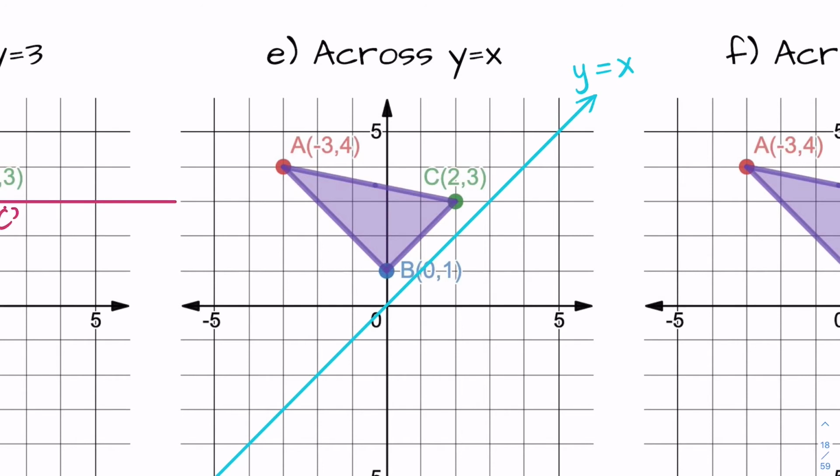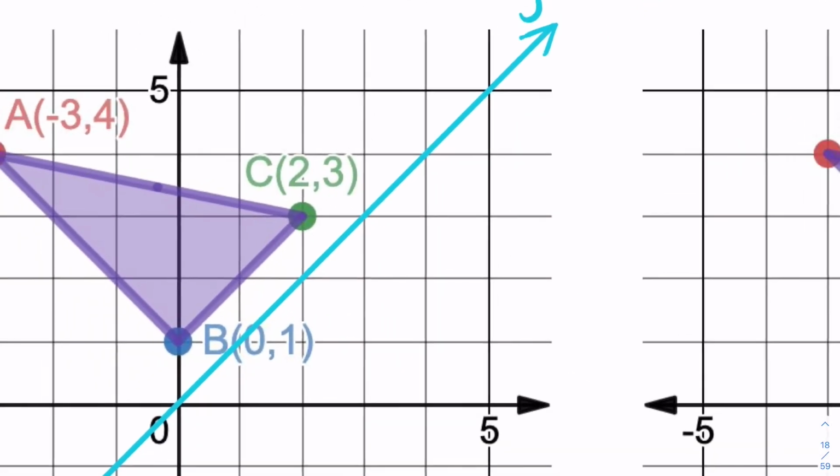And so now all I want to do is count diagonally and make it perpendicular. So see how C is 1/2 a diagonal unit away? It's half a diagonal unit. So we have to go another half of a diagonal unit, putting C prime right there.